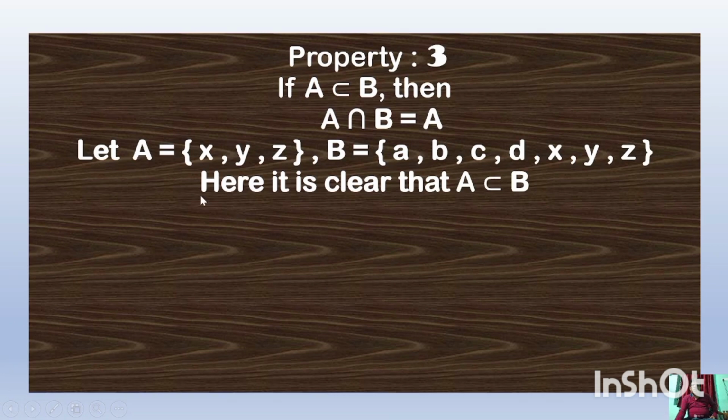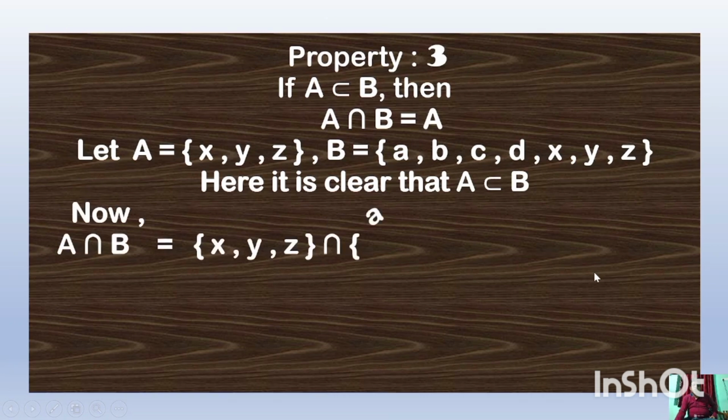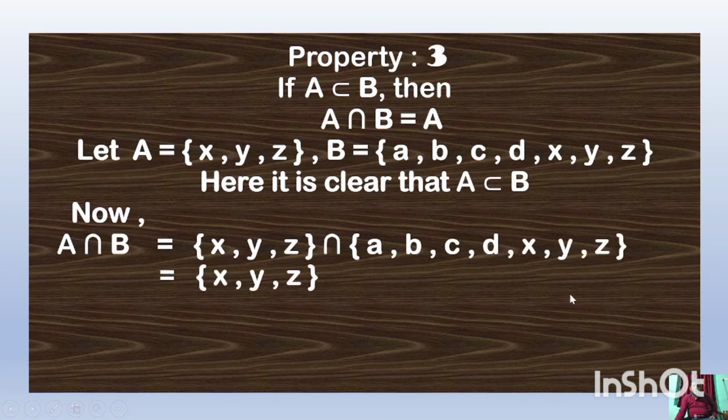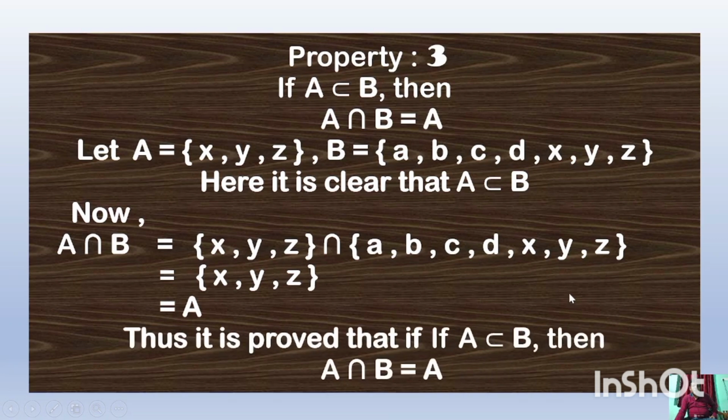It is clearly understood that A is a subset of B, and here A intersection B is the set A. Look at the example, we are going to prove it. Understand? Okay, let's proceed.